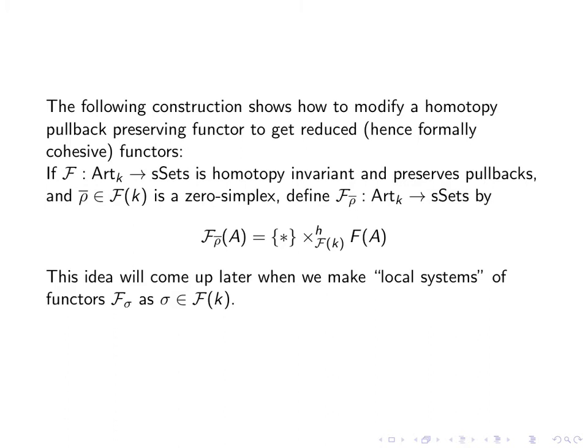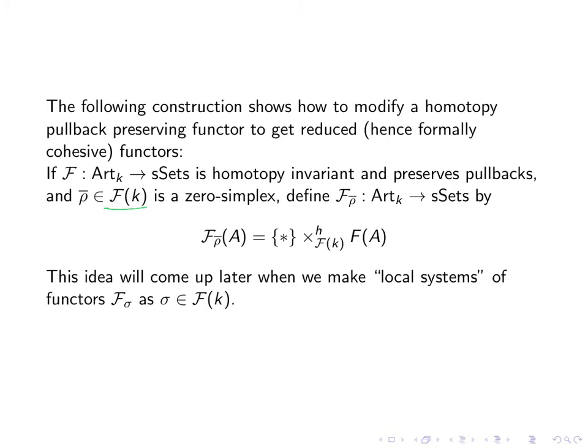You take a zero simplex in F of k and take essentially the fiber over it. And so this will give a reduced, or in fact, formally cohesive functor.